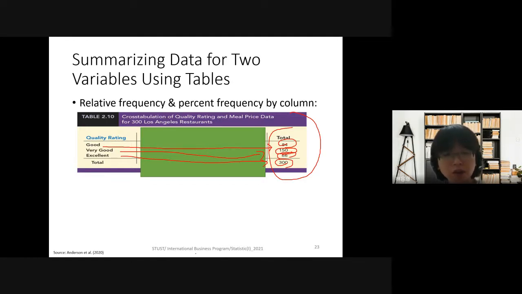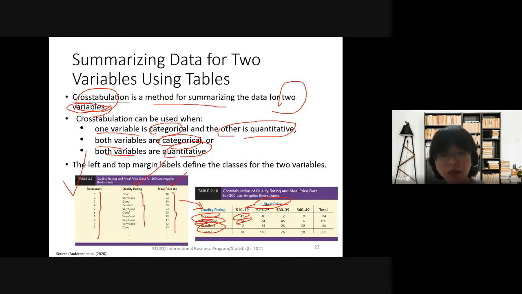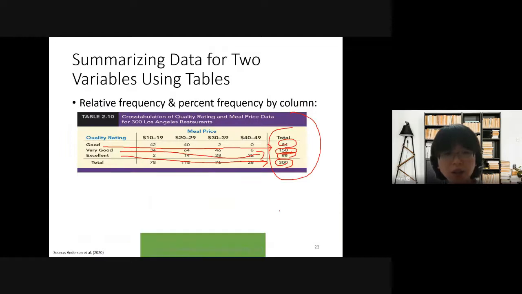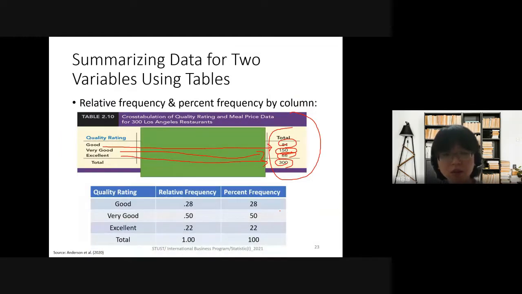So first you can calculate how many are good, how many very good, how many excellent. And then you can calculate the relative frequency.